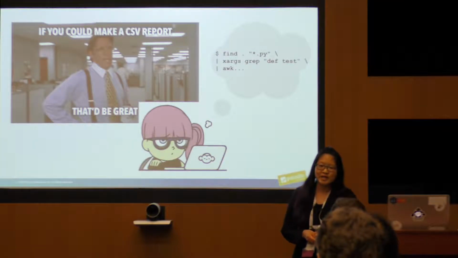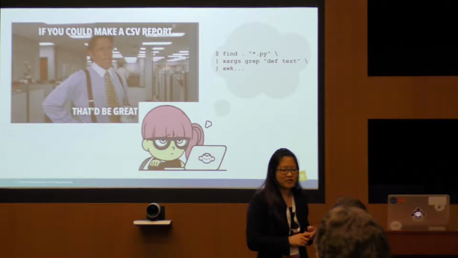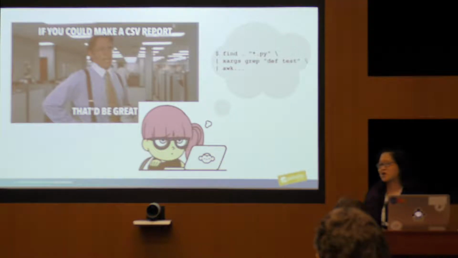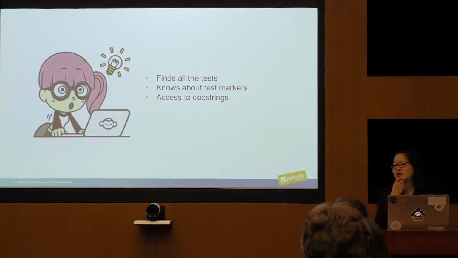And he says, well, Darlene, they also want information about the markers that are used for the tests, and they want the docstring information. I said, oh, okay, well, my hacky way of doing this is not going to work so well. I thought, oh, wait a minute.